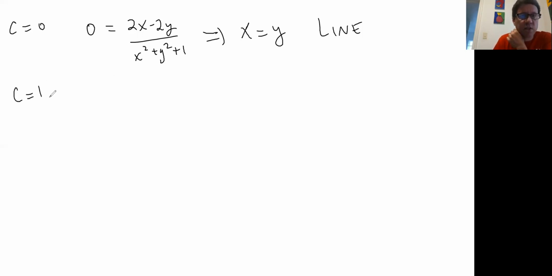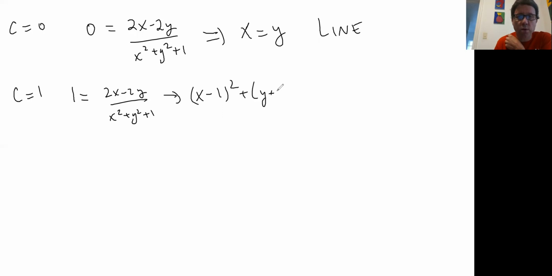And then finally, if c equals 1, then we get 1 equals 2x minus 2y over x squared plus y squared plus 1. And if you unravel that out, you'll get x minus 1 squared plus y plus 1 squared equals 1. And then that's the circle as well, but now a new center at 1, negative 1, and radius 1.